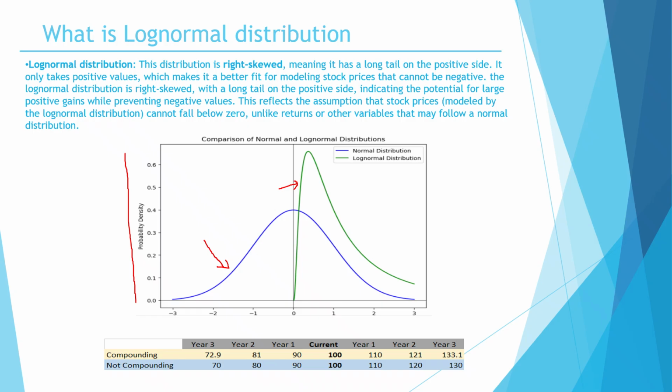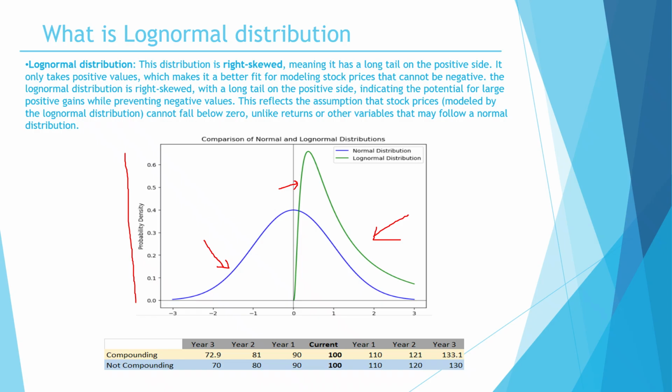On the contrary, when you look at the green line, which is the log normal distribution, it is not symmetrical and it is more skewed towards the right hand side. When you look at the right hand side, you will observe that this log normal distribution is more skewed.